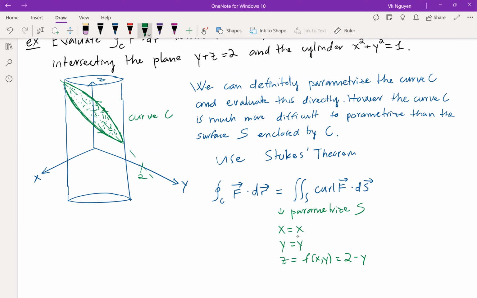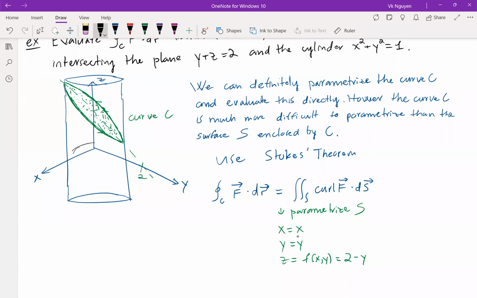As for the region D, because we parameterize this, the region D is whatever the projection onto the XY plane. And when you project it onto the XY plane, this is the region D right here.